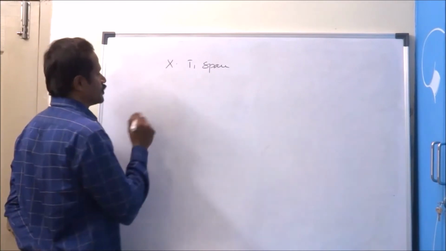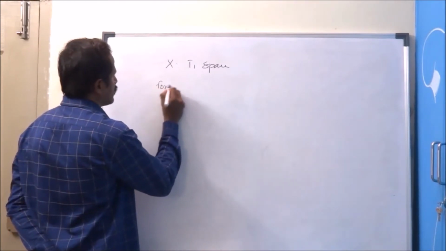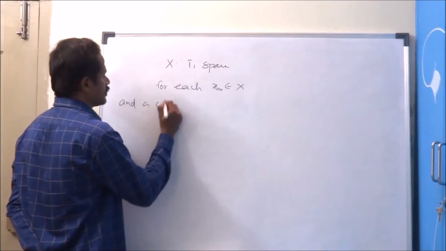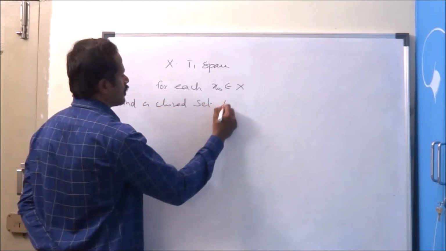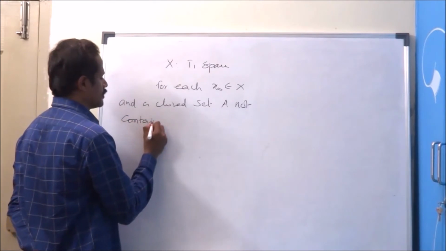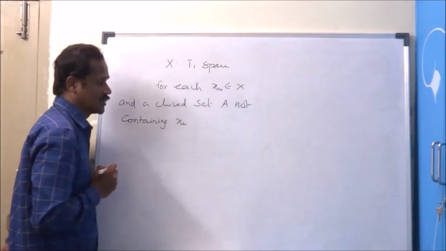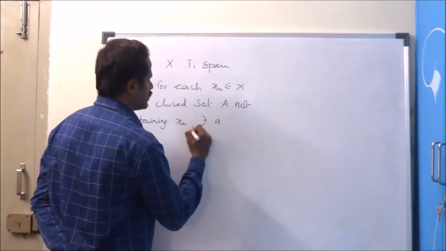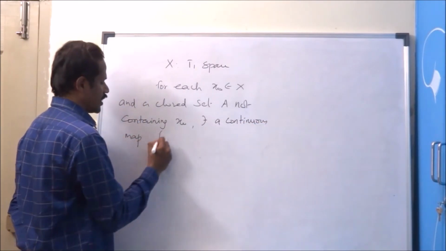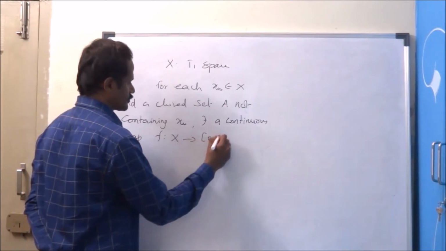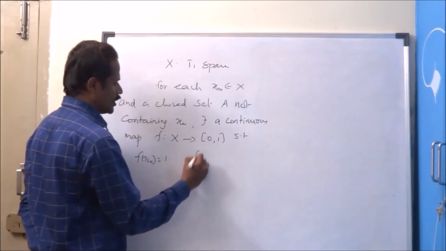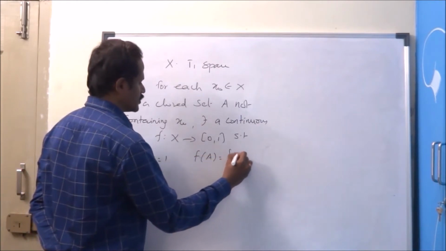Suppose in addition to that, for each point x0 in X and a closed set A not containing x0, there exists a continuous map, say f from X to [0, 1], such that f of x0 is 1 and f of A is singleton 0.